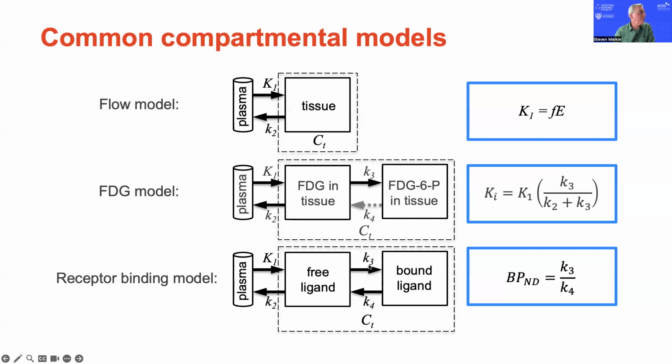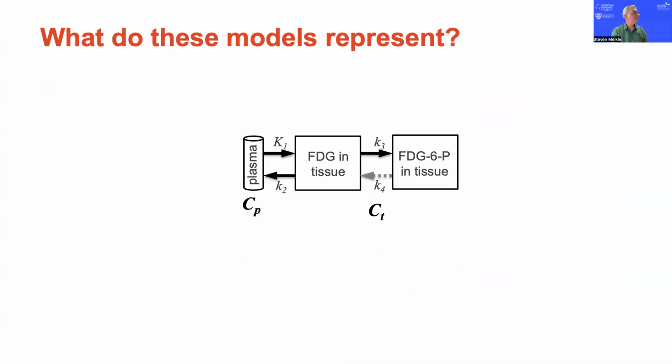And K3 depends on the availability of receptor sites for that ligand. And the key parameter over here on the right-hand side is something we call the binding potential, BP. I'll explain later on what this ND subscript refers to. It means non-displaceable, but we'll talk about that in a moment. And it's simply the ratio of K3 to K4. So they're three really common models. We'll use those in the exercise as we go through the Google Colab.